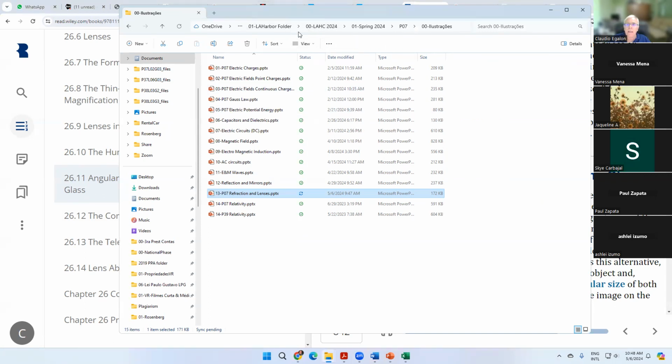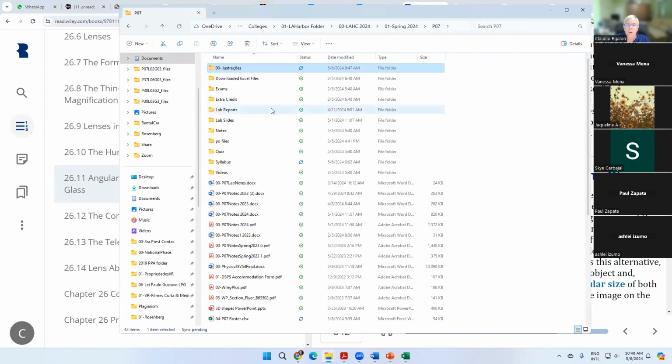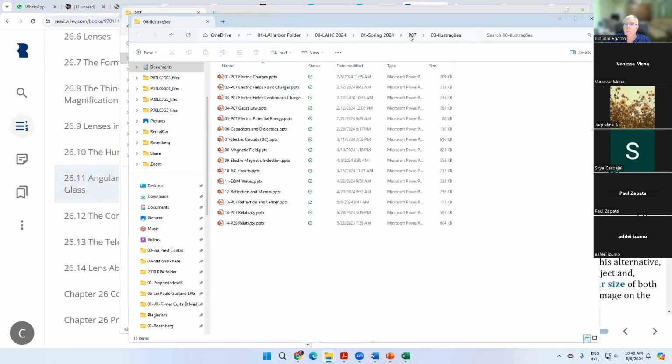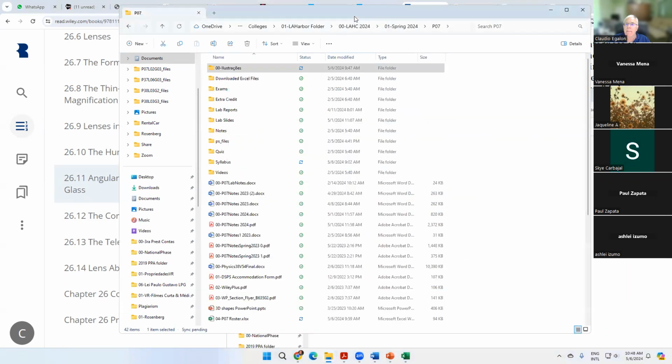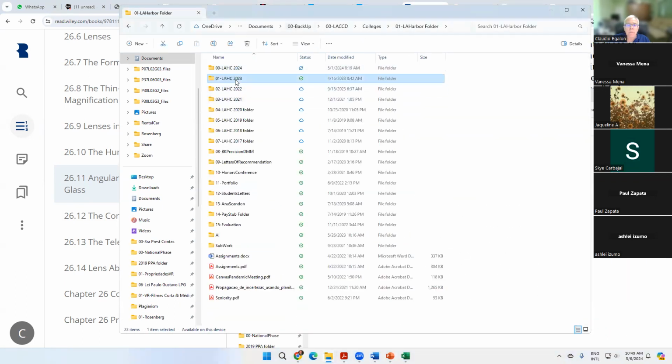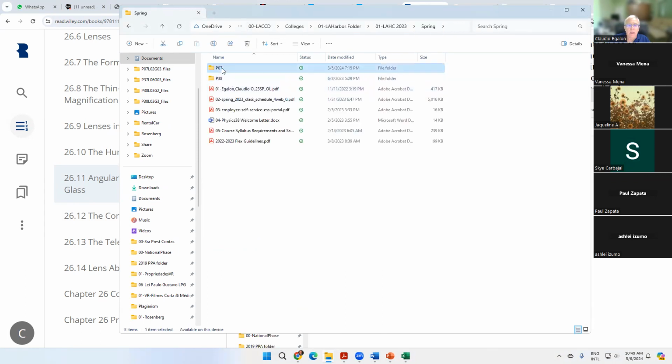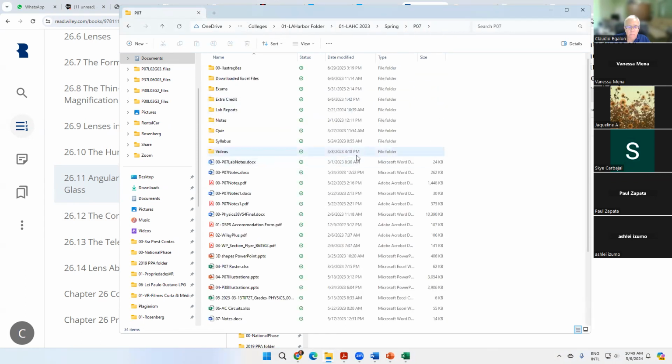I want to get, let's see here. 2023 spring P07.